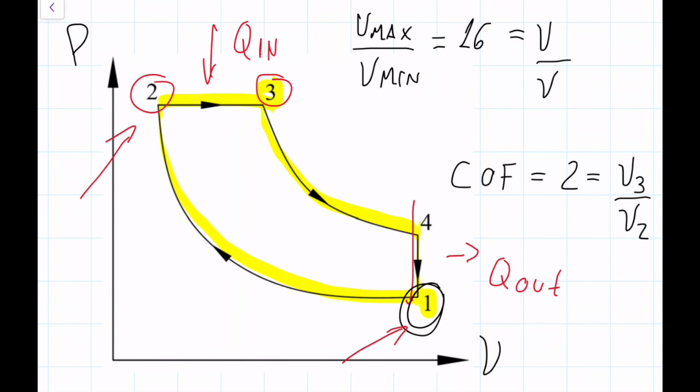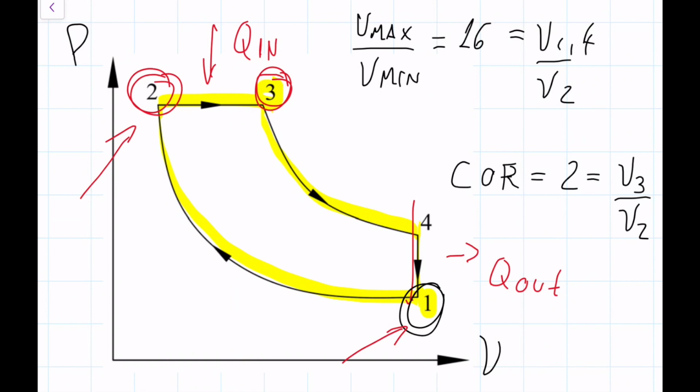The maximum volume we can have is 1 or 4, and then the minimum one is 2. So the ratio between these two volumes is 16, and the cutoff ratio that we also have is 2, which in this case is V3 over V2, the volume of 3 over the volume of 2, which is our heat addition process.